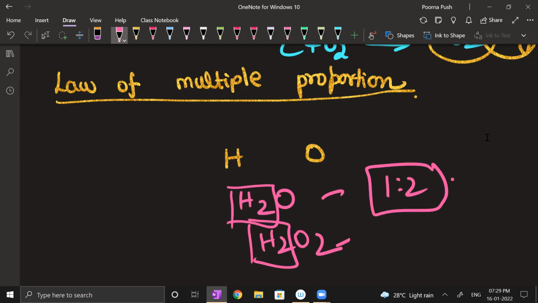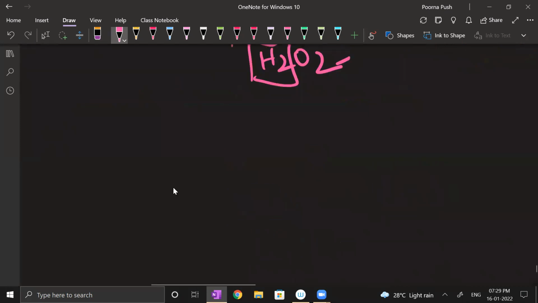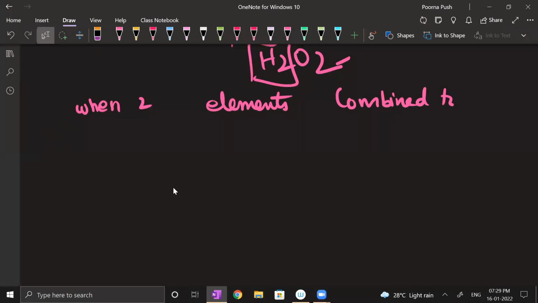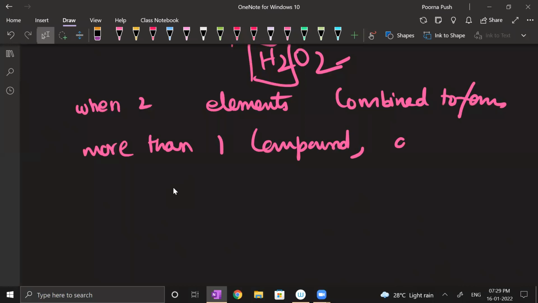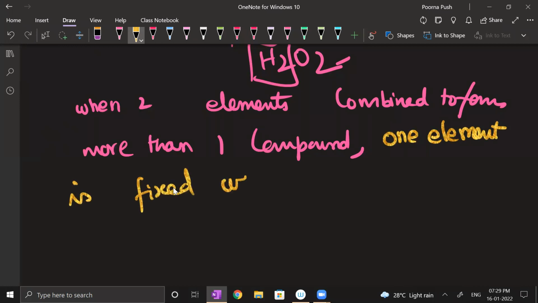What is law of multiple proportion? When two elements combine to form more than one compound, different, one element is kept fixed, whereas the other element is in simple ratio.